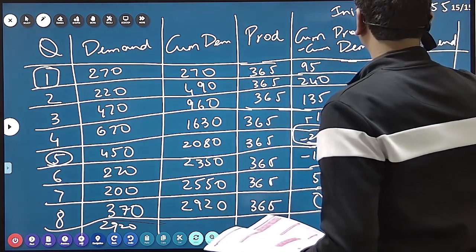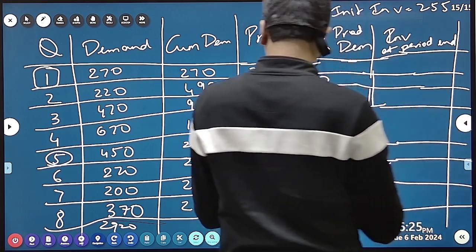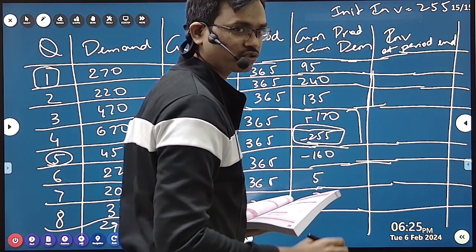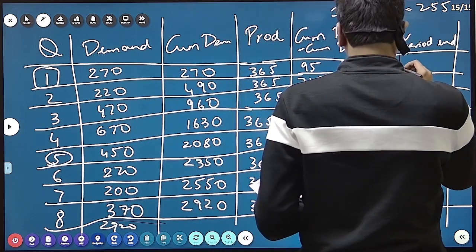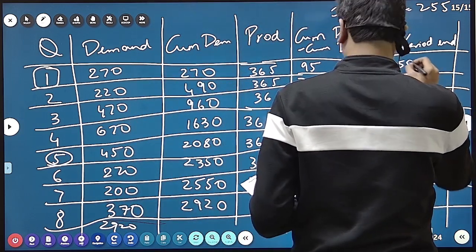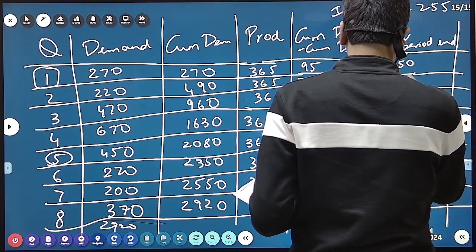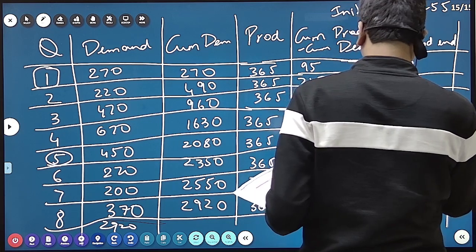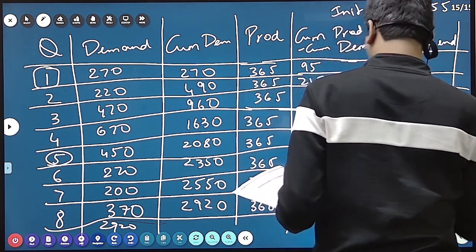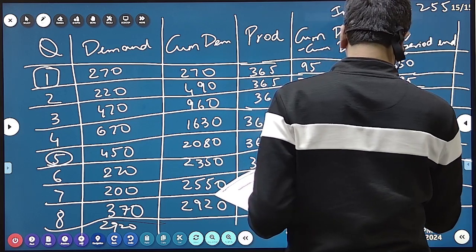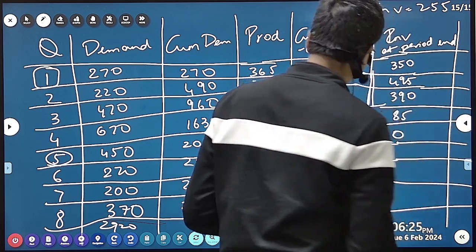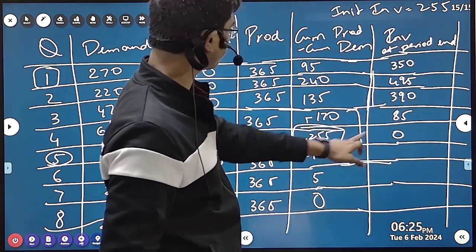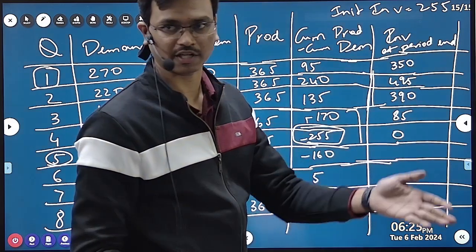This will be 255 plus 95, so that is 350, 495, 390, 85, 0. Because we have maintained 255 at the start of the period, here we were able to fulfill the order with our inventory.